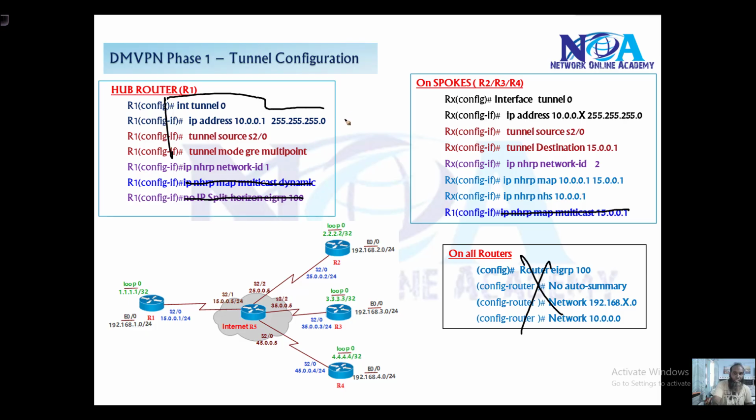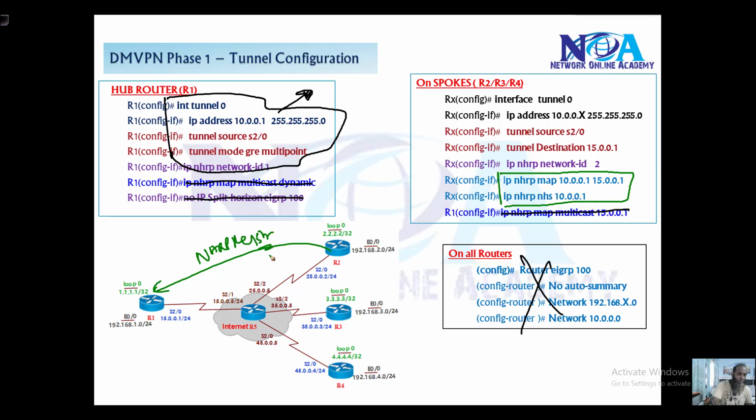So that's it. We are done with the configuration on the hub router in terms of tunnel configuration. Whereas on the spokes we need to add 2 additional commands. We need to tell who your next hop server is, because the spokes have to send out the NHRP registration messages in order to register themselves with the hub.